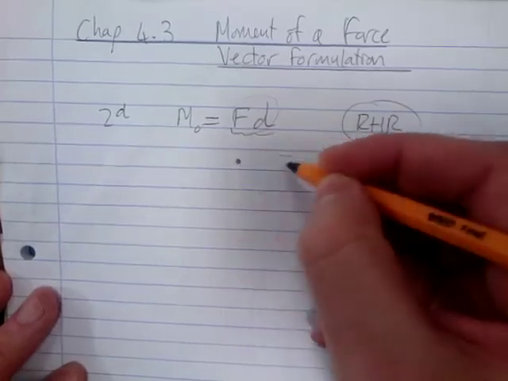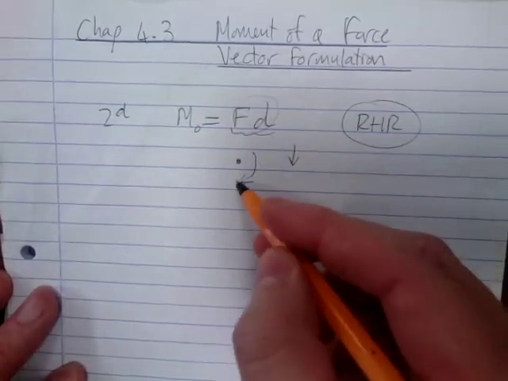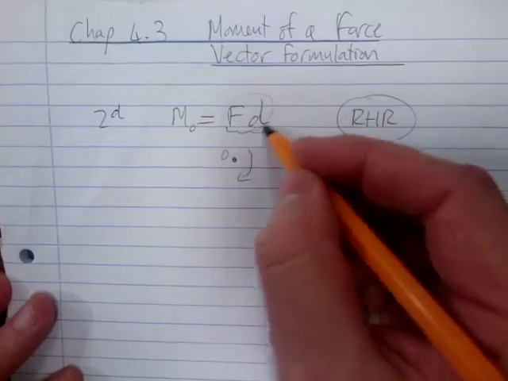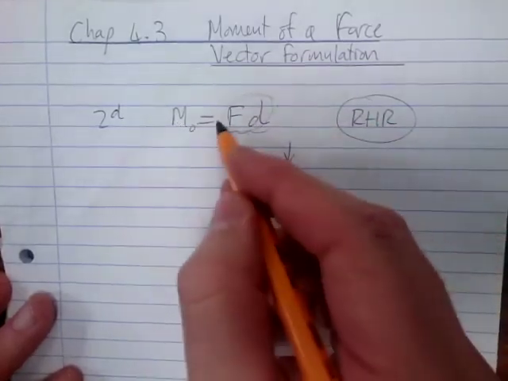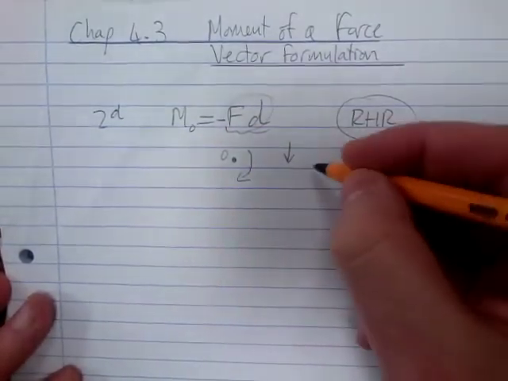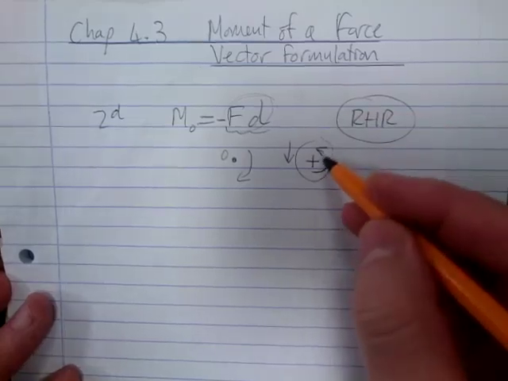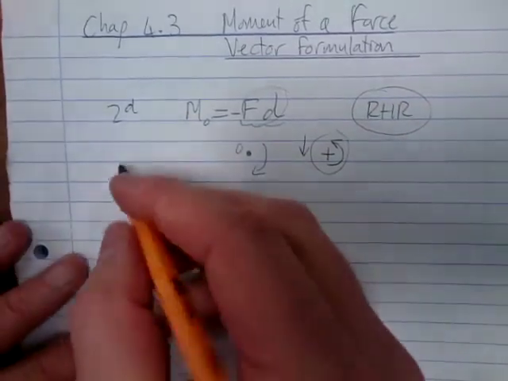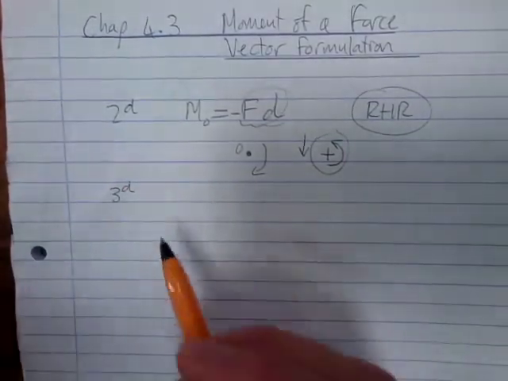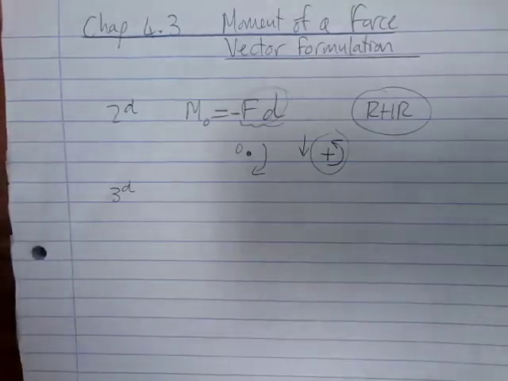If we had a point there, and there was a force there that caused a clockwise rotation about the point O, then we knew that we had a magnitude here, but the moment was given as negative because it is clockwise, and what we said was anti-clockwise is positive.